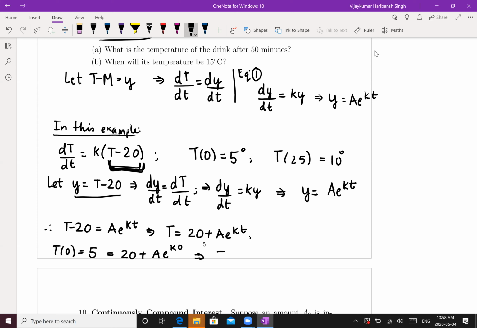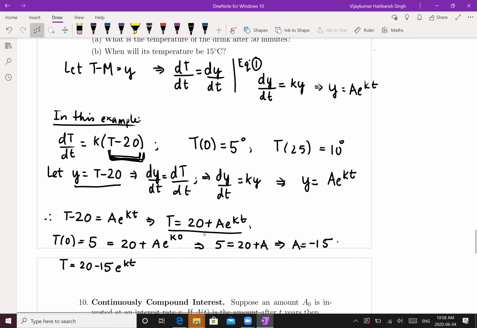So this will give me 5 equals to 20 plus a, which gives me a equals to minus 15. So put this back in the equation. The equation is t equals to 20 minus 15 e to the power kt. All right. Now we need to find what our k is. So let's do that.